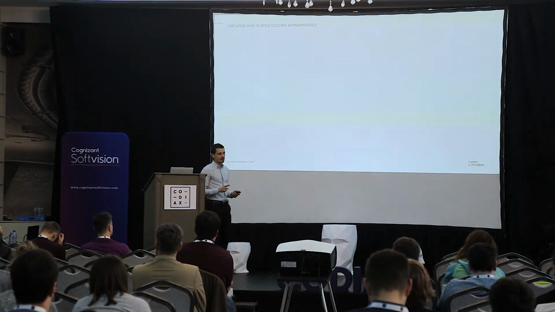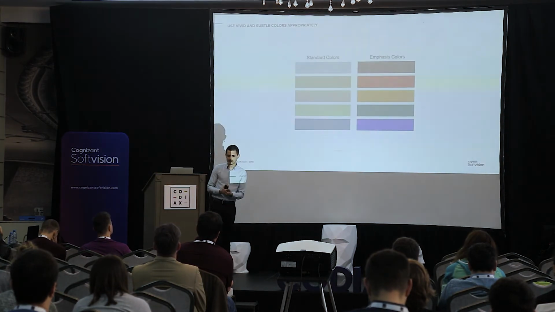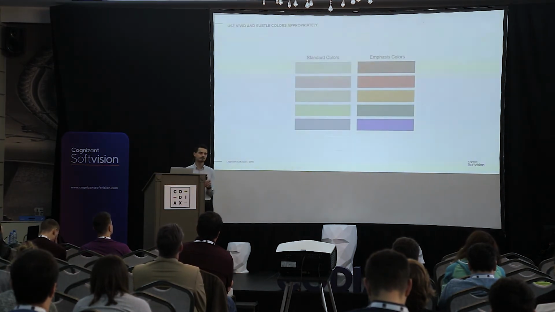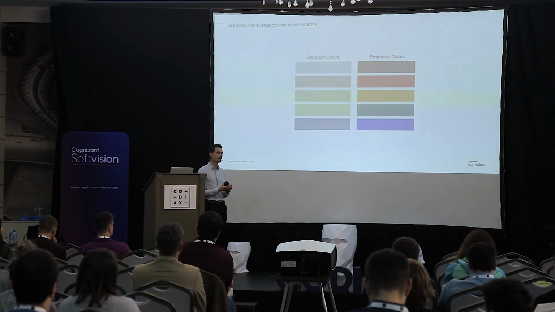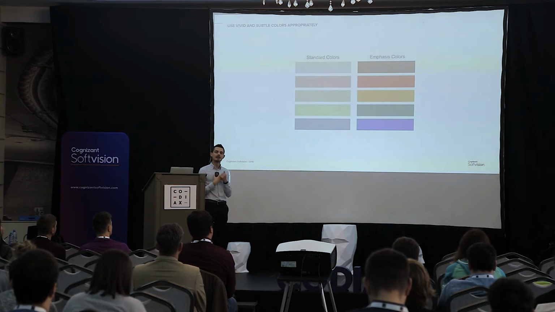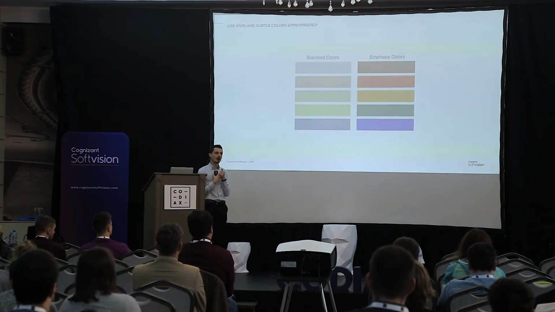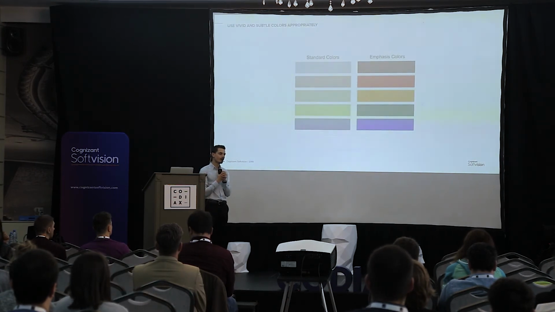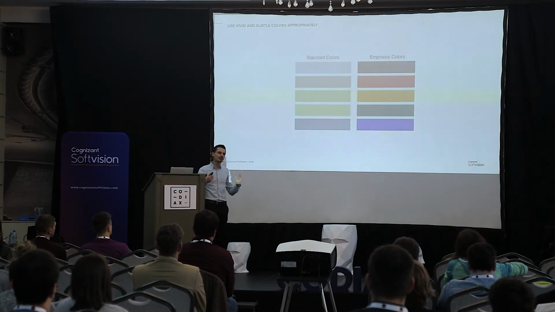Now, another thing is to be really careful with colors. Each color might have a different meaning, but what I'm trying to highlight here is not to get people tired while reading your chart. If you use emphasis colors all over the chart, it might be too much for them.